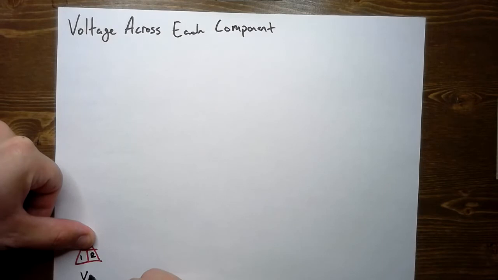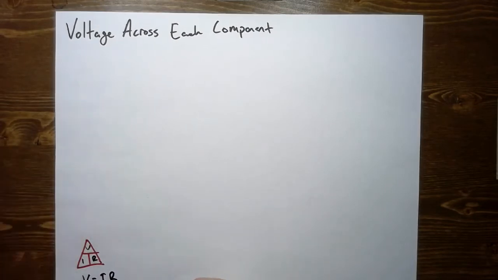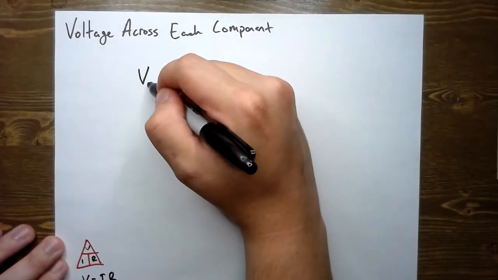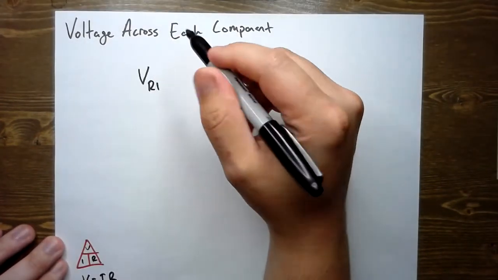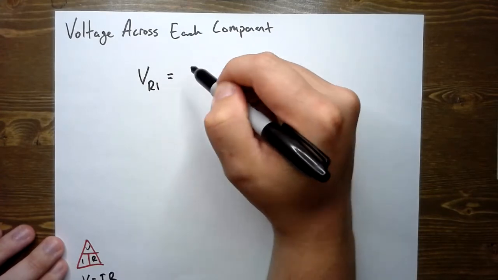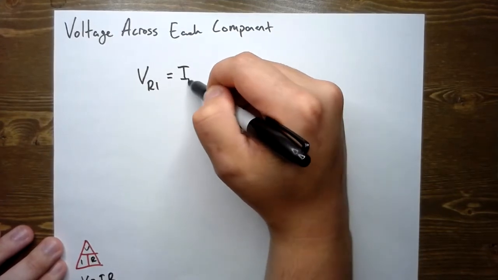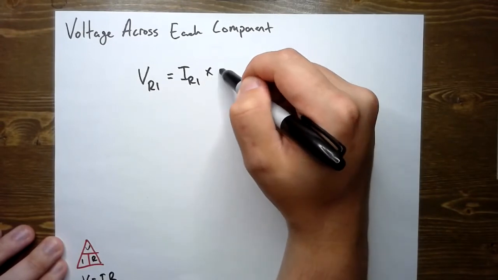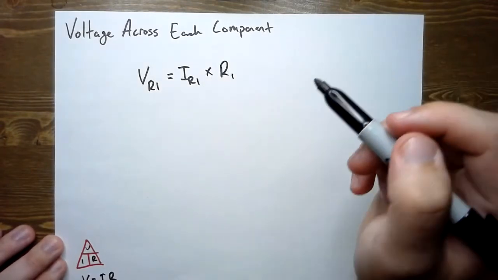So we get V is equal to I times R. This one should be pretty straightforward. So our voltage across resistor 1 is equal to the current of resistor 1 times the resistance of resistor 1, okay?